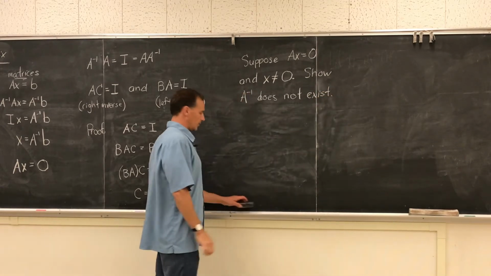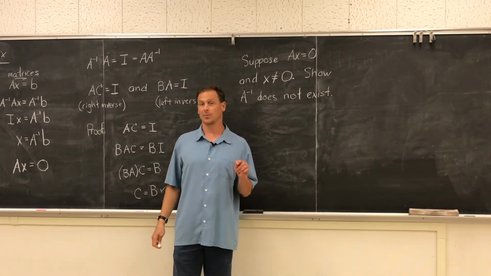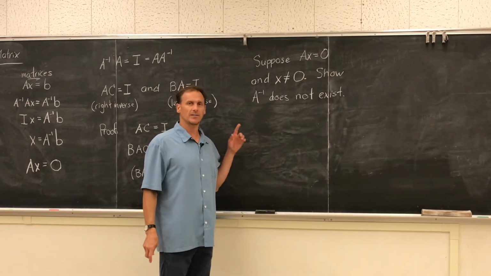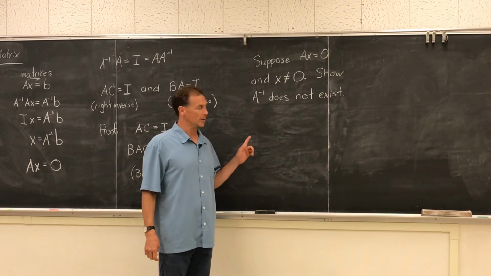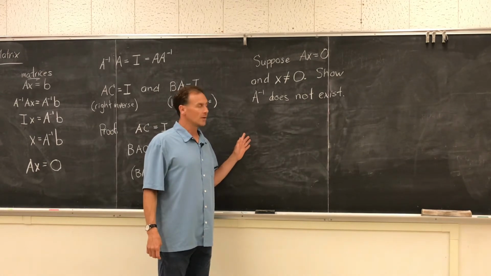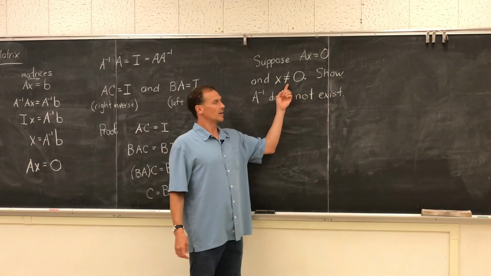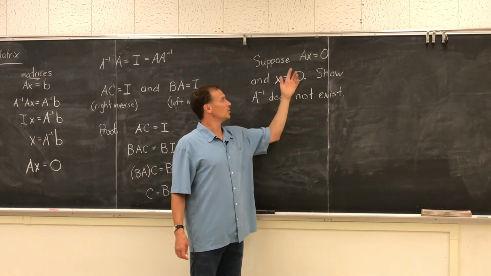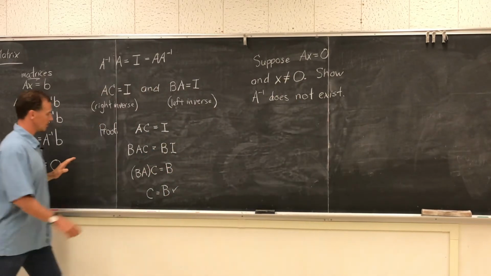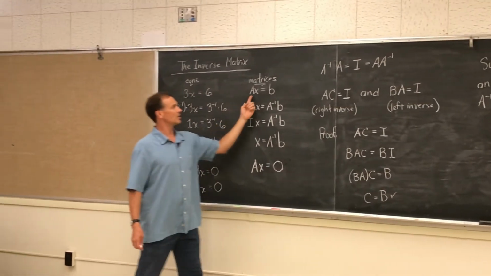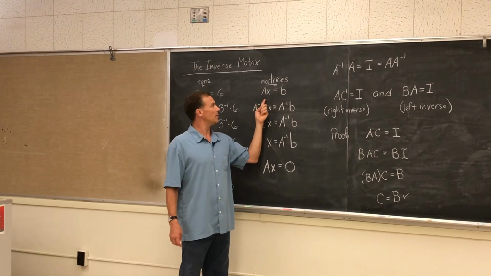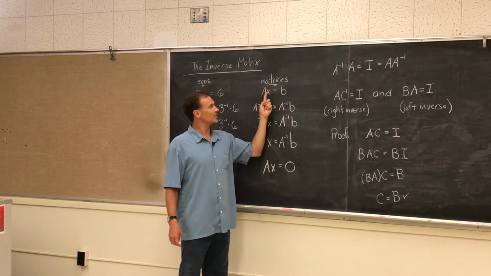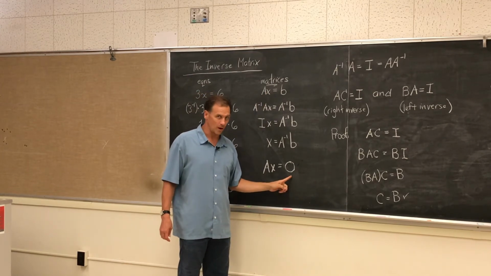Okay. So I want to stop here for just a second because we need to think about this. What we need to think about is that example we've done prior where we saw that once you start dealing with the matrix equation, we actually found an example of a matrix times a non-zero vector that gave us 0.